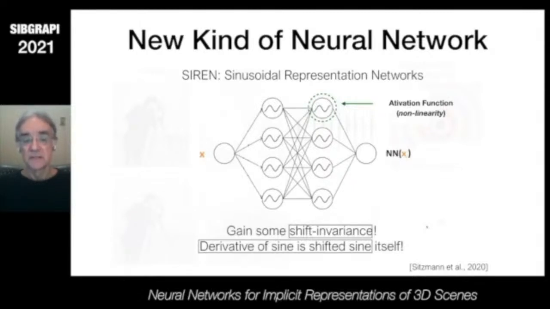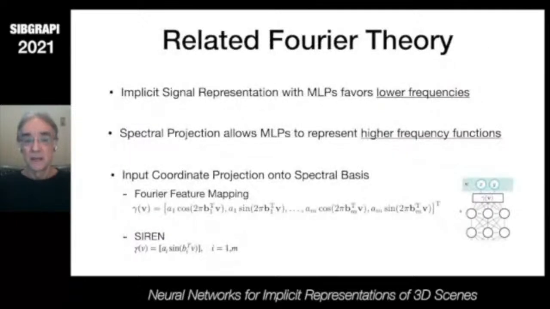The first is that, because the nonlinearity is a periodic function, this gives the network properties of translation invariance. The second characteristic is that the sine function is continuous and infinitely differentiable. In particular, these two characteristics have a very profound relation with Fourier theory.